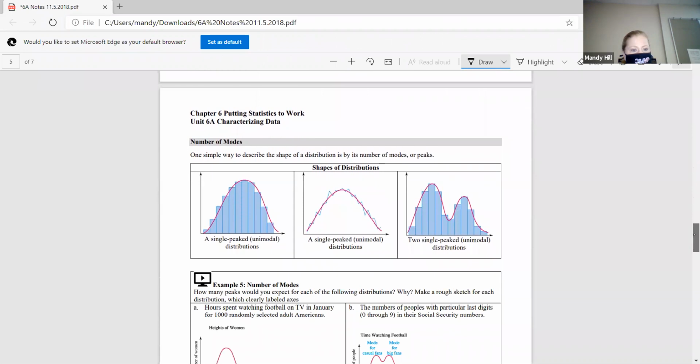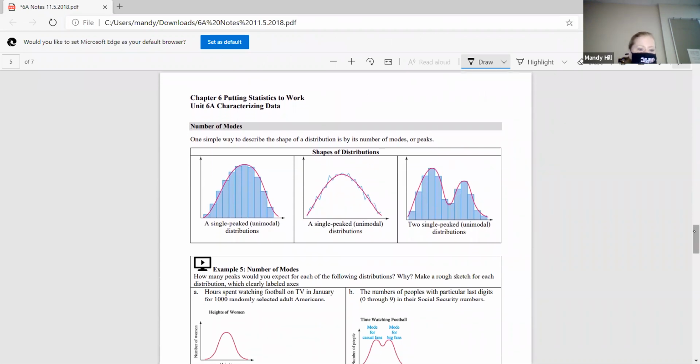Okay, when we start talking about the number of modes, one simple way to describe the shape of a distribution is by its number of modes or its peaks. When you look at this, you can see that it goes up and comes right back down, so this would be described as having one mode, a single peaked unimodal distribution.